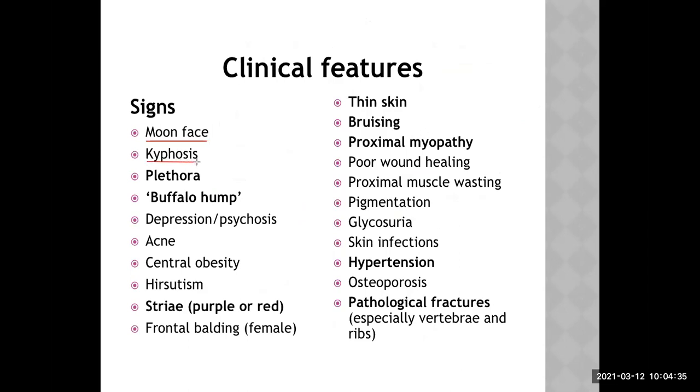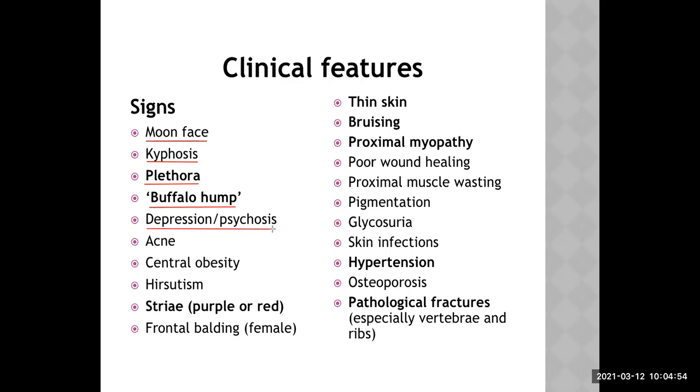Kyphosis, again as a result of osteoporosis. Kyphosis is a forward bending, we all know that. Plethora means red face. Buffalo hump, deposition of a pad of fat near the shoulder or back of neck.